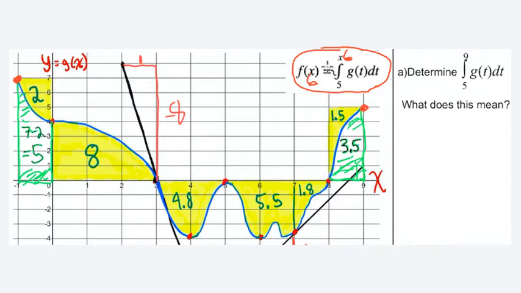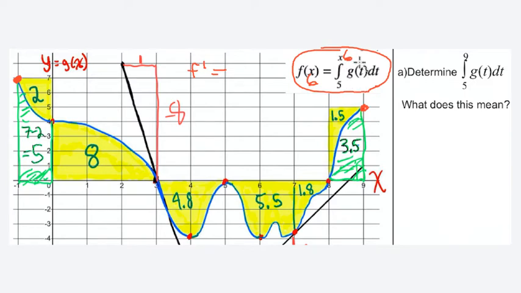There are some other things that I would write automatically. I see that f of x is the integral of g of t dt, and by the way, this graph is g of x. If I differentiate both of those, I would get f prime equals g of x, right?